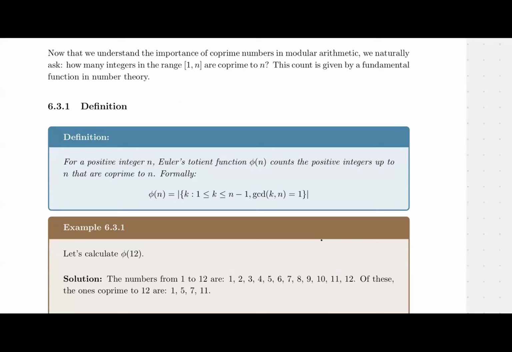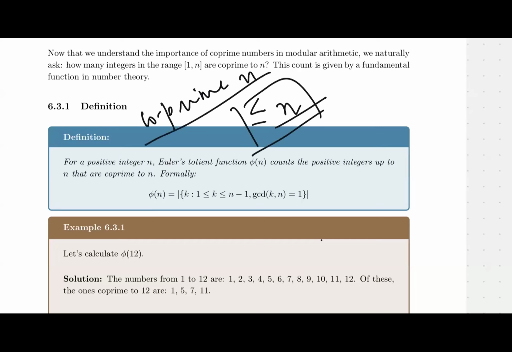The idea is, if we are given any integer n, not necessarily a prime P, we are interested in understanding how many integers less than or equal to n are coprime to n.